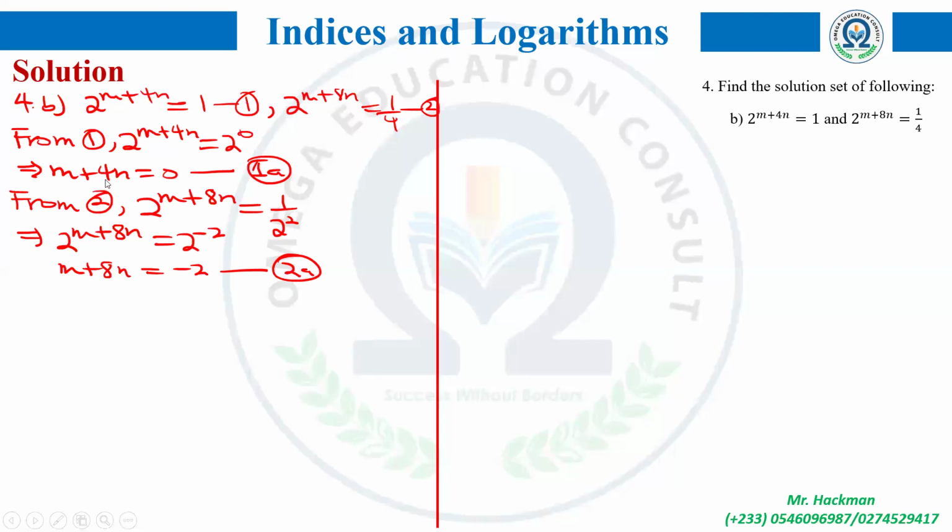For n, 4 and 8, no. So I can eliminate n, but not as easily as m. Is that clear? So I will go and eliminate m. The 1a and the 2a have the same sign, plus 1 and plus 1. So when you are eliminating and you have the same sign, you subtract. If you have opposite signs, you add. So here we are going to subtract.